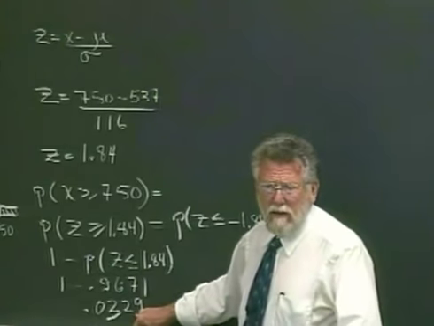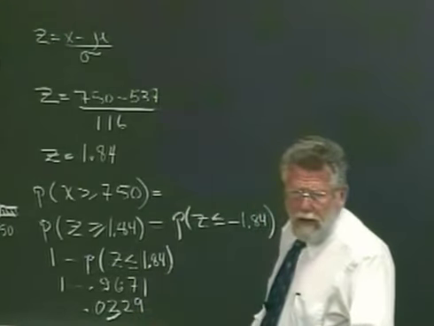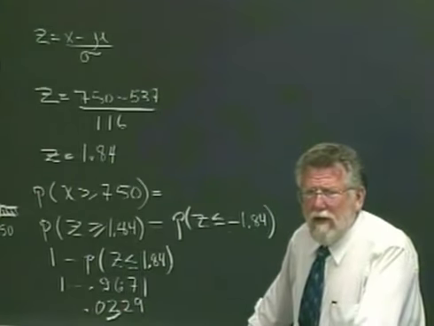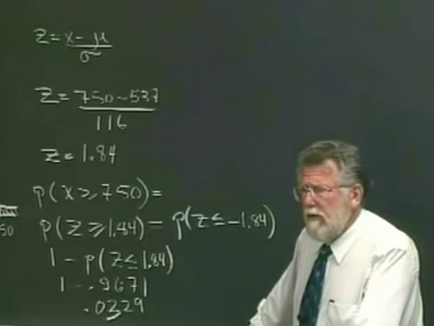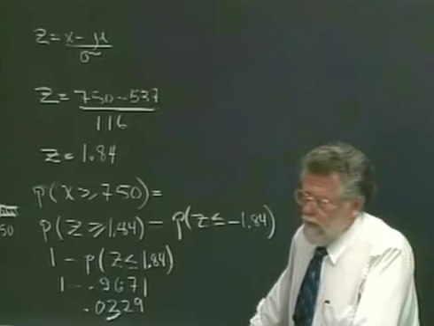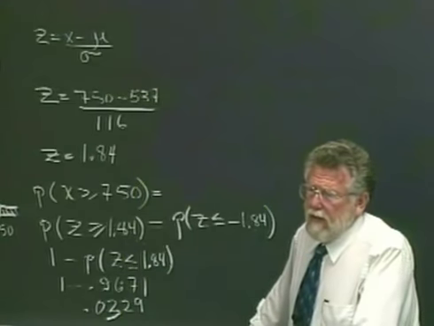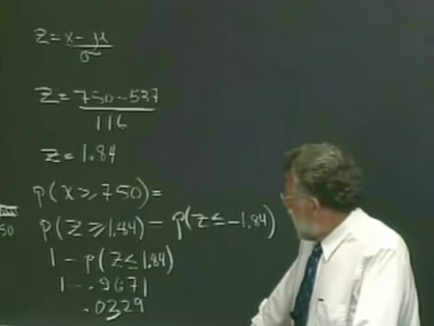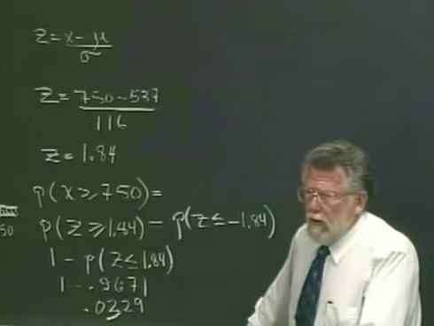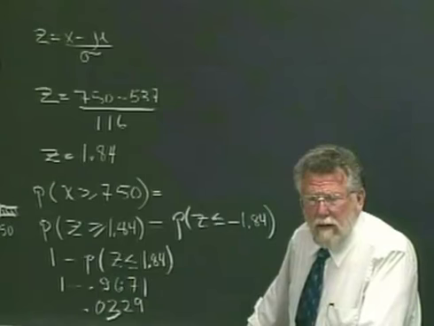Is that correct? If you look at your page 684, you could find that directly, but your diagram has to be consistent with your notation. And that's the finesse I'm not seeing right now. Again, on 684, look up a negative 1.84. Do you see the 0.0329?